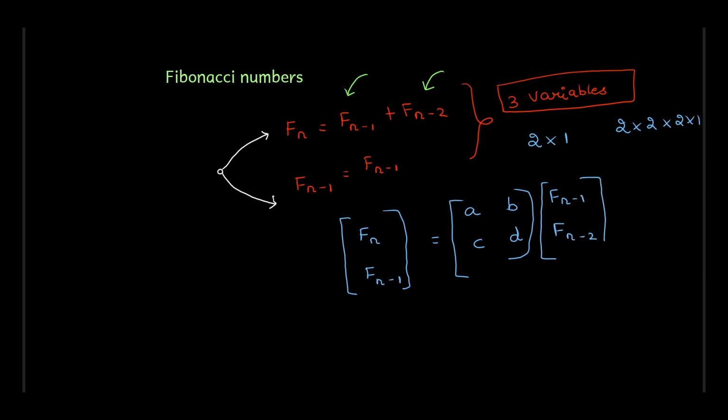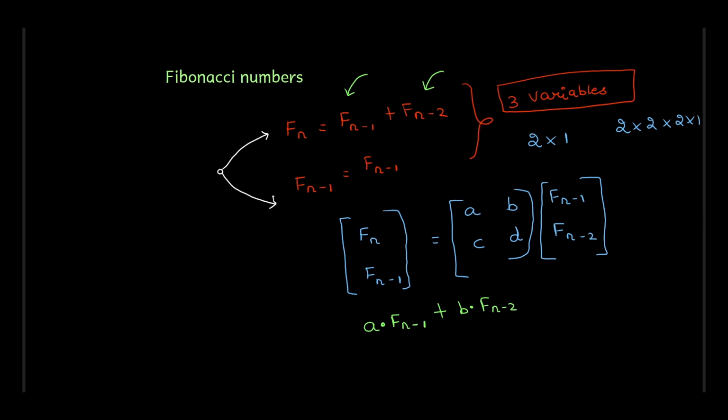Right now, we are not even sure that such a matrix exists, but we are trying to see if such a matrix does exist. Now, how do you find out this? So you see that when you do the matrix multiplication, you would have something like A into f of n minus 1 plus B into f of n minus 2.